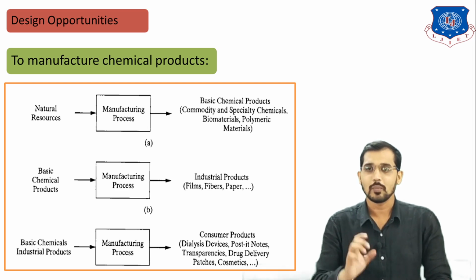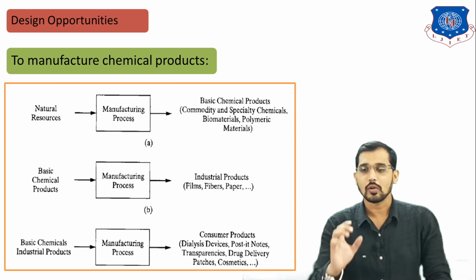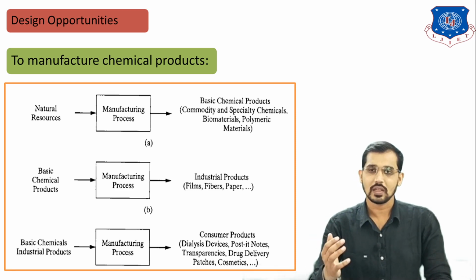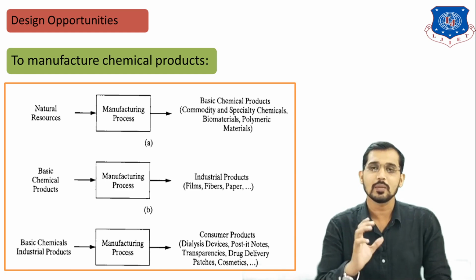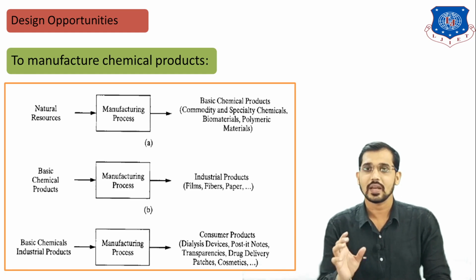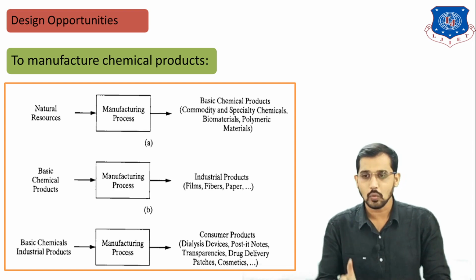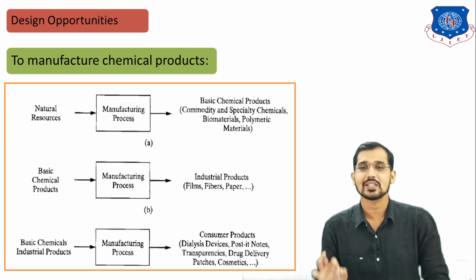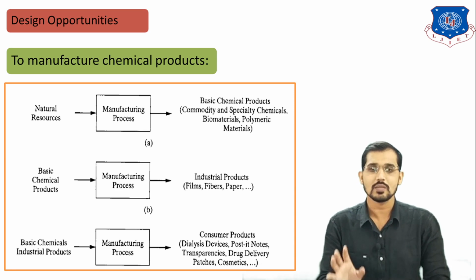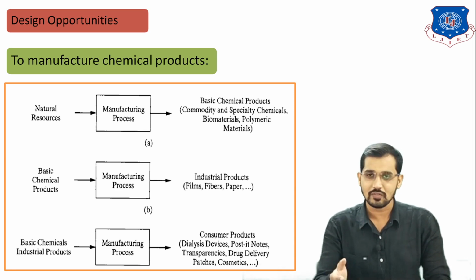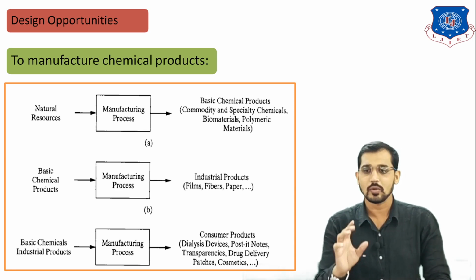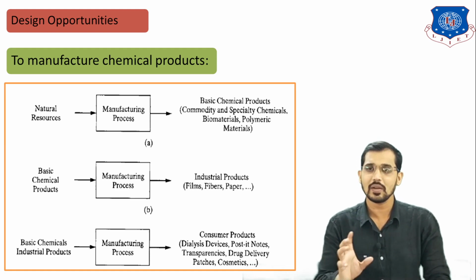For that purpose, the raw material is the product of the previous process, that is, basic chemical products. Basic chemical products here act as the raw material for the industrial product. In the first process, I told you natural resources act as the raw material, and the final product is basic chemical products. But in the second manufacturing process, the final product is an industrial product, such as paper.